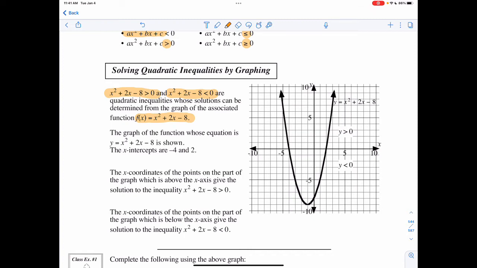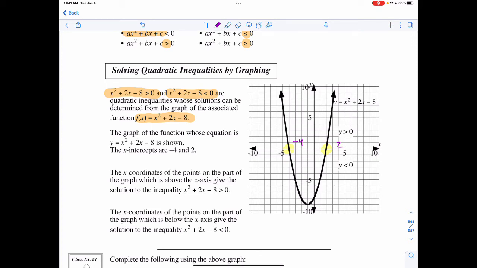Now, when this gets graphed out on our graph over here, the first thing that we're going to be looking for is those x-intercepts. We have the two x-intercepts that occur. One is at -4, the other is at +2.